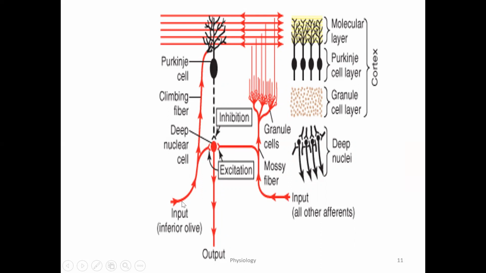All the mossy fibers and climbing fibers first excite the deep cerebellar nuclei, and this excitation is followed by inhibition by the axons of the Purkinje cells. So this excitation followed by inhibition is a very important function of this neuronal circuit of the cerebellum. And the inhibition of Purkinje cells takes place via the stellate cells, basket cells, and Golgi cells.